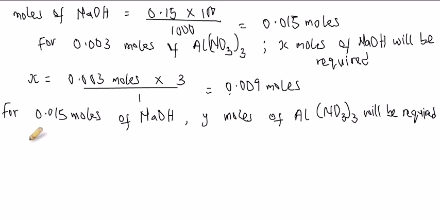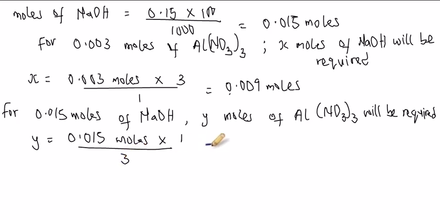So here, Y will be equal to 0.015 moles multiplied by the ratio in which they will be combining, that's 1 to 3, so 1/3, which equals 0.005 moles. And mind you, we only have 0.03 moles given.